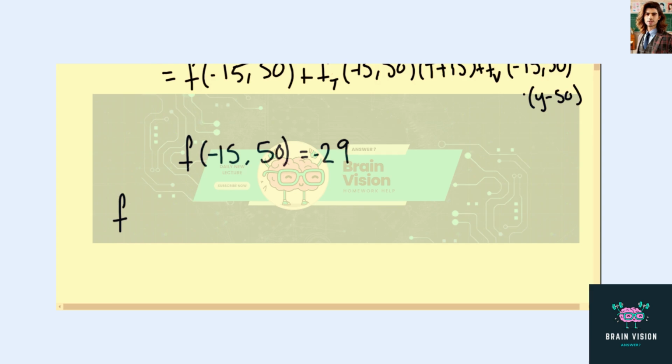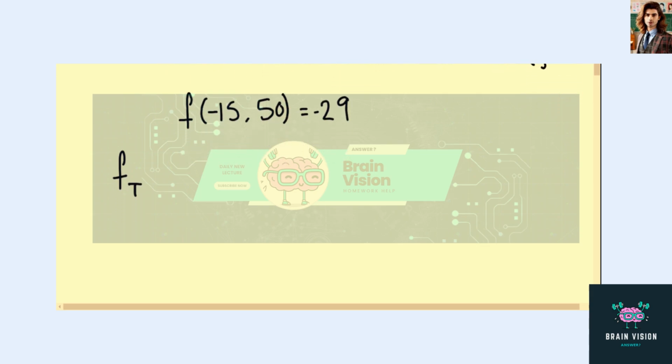Okay, so we want to take the partial derivative of f with respect to temperature. And we can do that by keeping the wind speed the same and just processing the limit as the temperature changes, right?